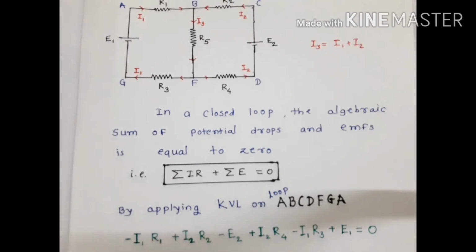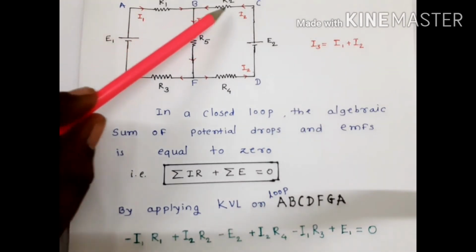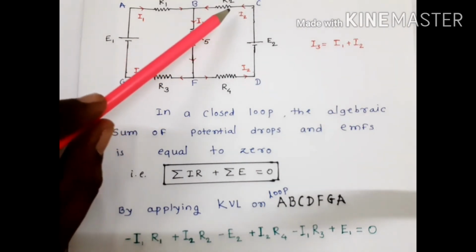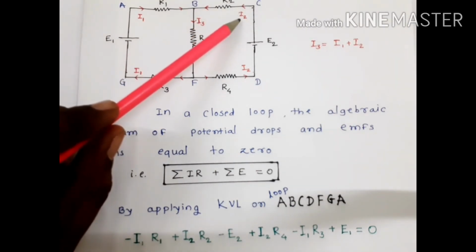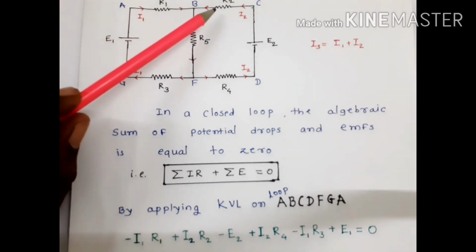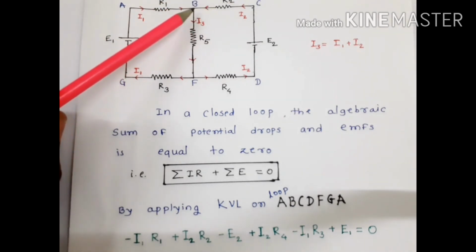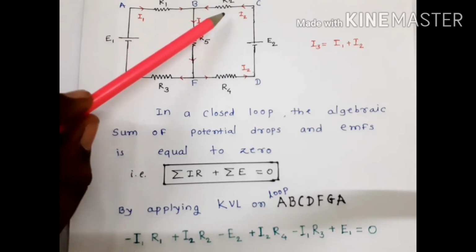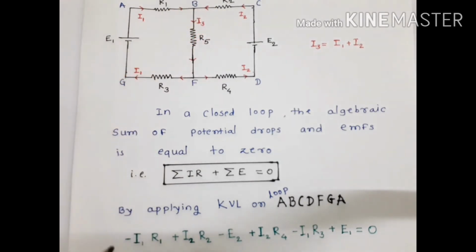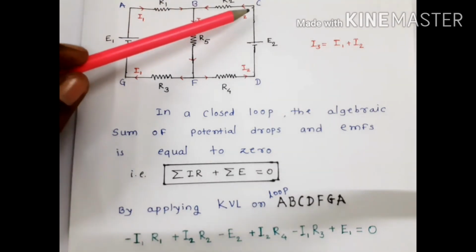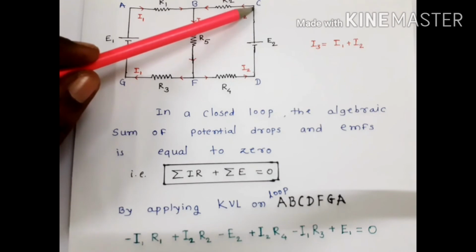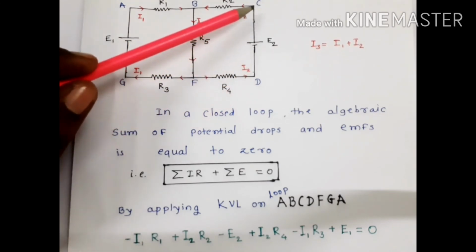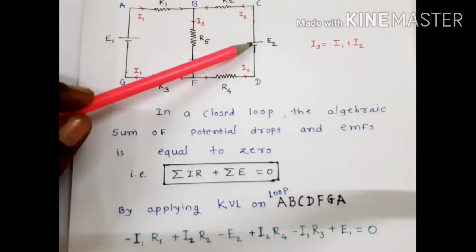Then for the path BC, we come across R2, and I2 is the current flowing through it. While tracing this path we oppose that current, therefore the potential drop across R2 is taken as positive, so it is plus I2 R2. The next segment of the closed path is CD. While tracing this path we come across this cell.